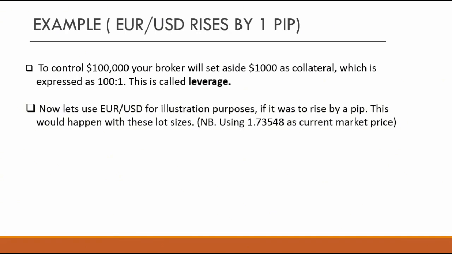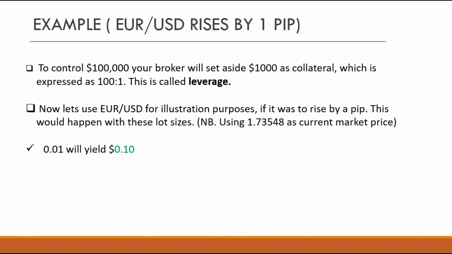Now, let's use EUR/USD for illustration purposes. Let's say this number here is the current market price. If EUR/USD was to rise by a pip, this is what would happen with these lot sizes.